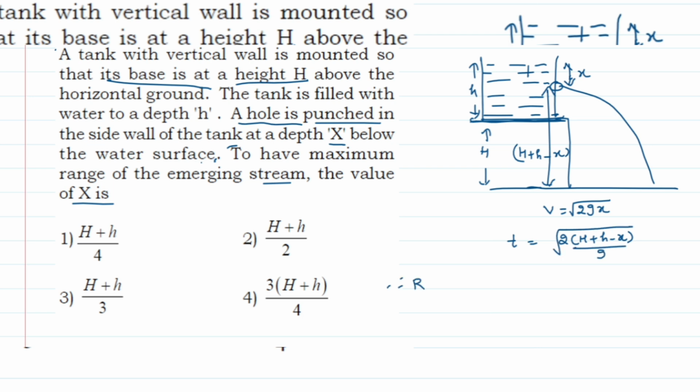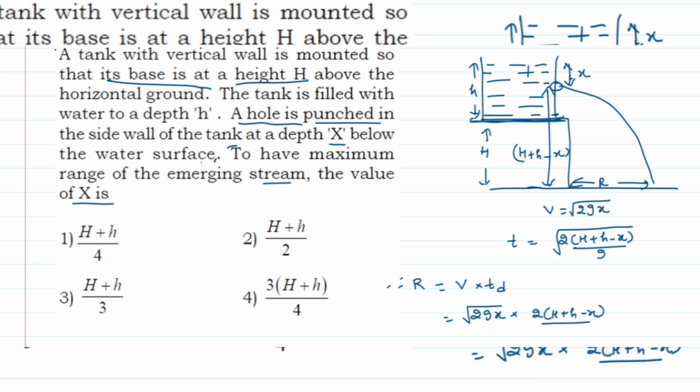Therefore range is nothing but the horizontal distance. R equals speed of efflux into time. V is square root of 2gx into time of descent, which is 2 into square root of (H plus h minus x) by g, and here root g gets cancelled inside the root.